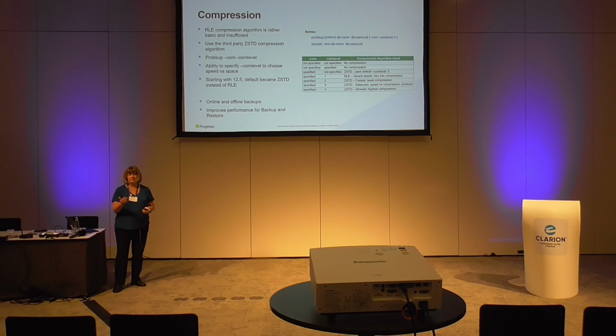So if you're coming from anything prior to 12.5 to 12.8, this ability will be there. This is for both online and offline backups. And we found that not only is it improving your performance for backup, it's also improving your performance for restore.